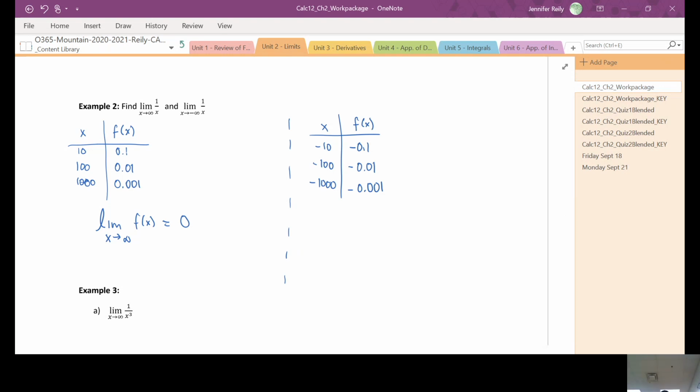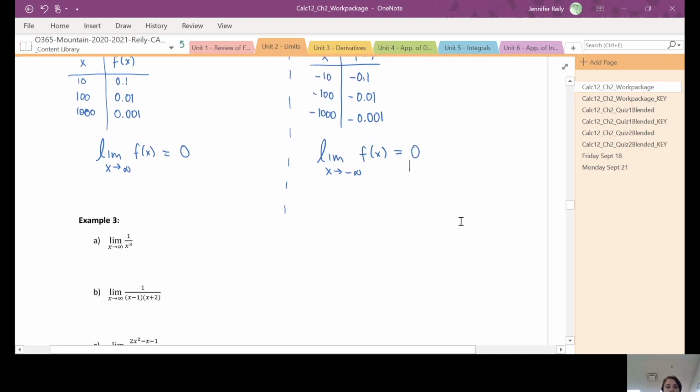Okay, so it doesn't matter if you divide by a large positive or large negative number. 1 divided by a large number, whether it be positive or negative, is going to be very close to 0. So the limit as x goes to negative infinity of 1 over x is also 0. So the function would have a horizontal asymptote at y equals 0 also.